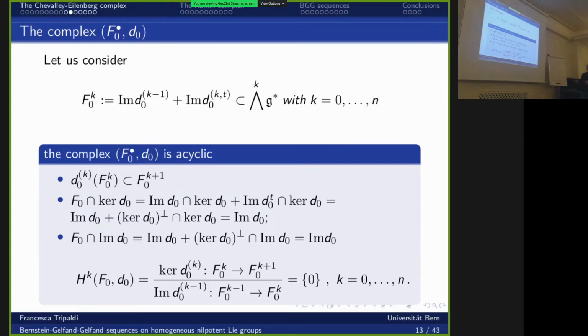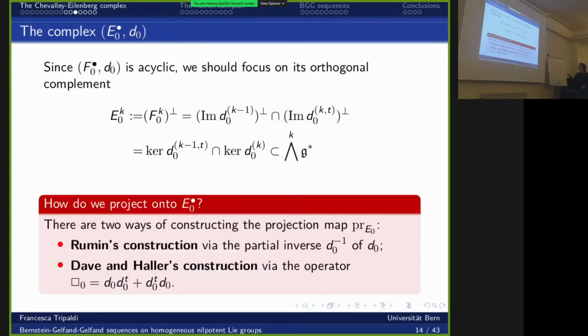Which means the cohomology here is going to be trivial everywhere. So it doesn't give you any information about the Lie algebra that you're considering. So it makes sense to discard F0 and focus on E0, the orthogonal complement of F0.